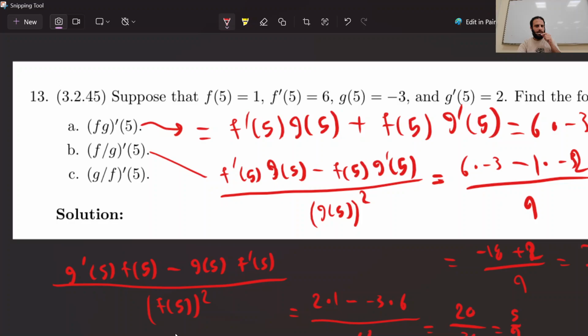It's f of 5. So it's 1 squared, so 1. See, I was testing your attention. Thank you. This is the only trick that your teacher will use when they make mistakes.